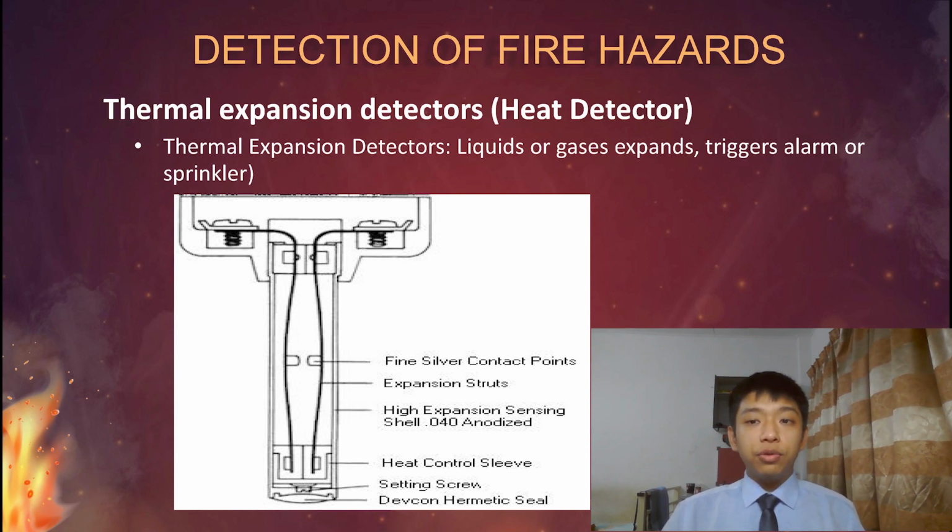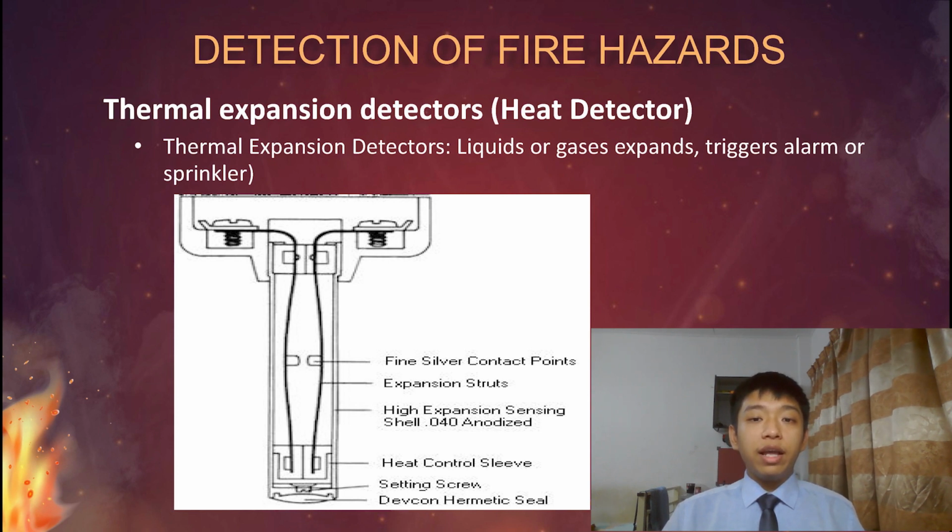Therefore, the tubular shell and the struts expand slowly until the total device has been heated to its rated temperature level. At this point, the silver contact points close which initiates the alarm.